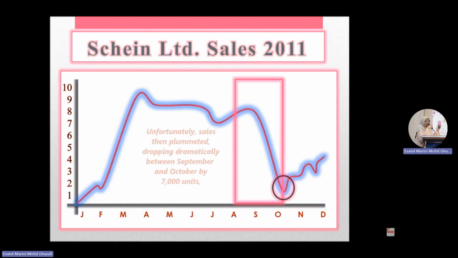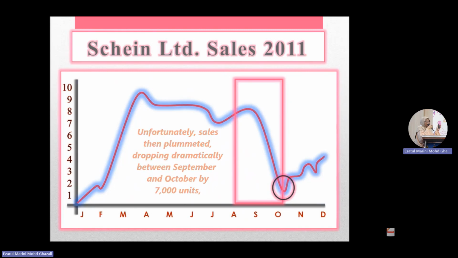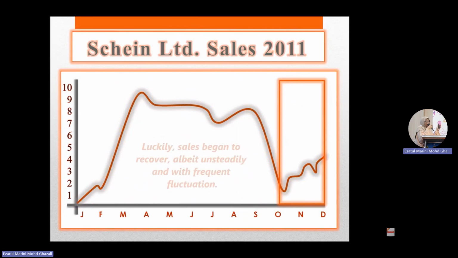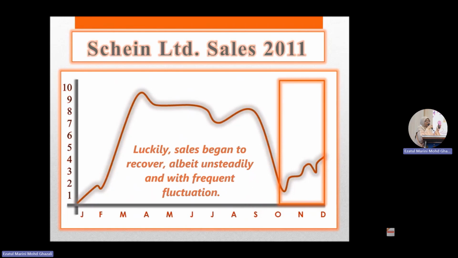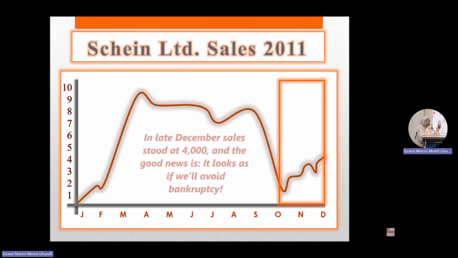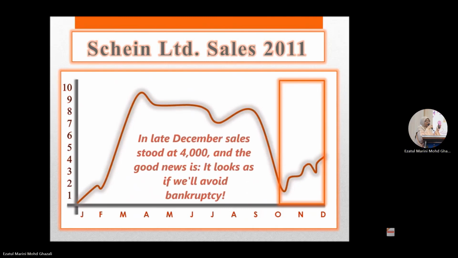Unfortunately, sales then plummeted, dropping dramatically between September and October by 7,000 units, bottoming out and hitting a year low of 1,000. Luckily, sales began to recover, albeit unsteadily and with frequent fluctuation. But in late December, sales stood at 4,000, and the good news is it looks as if we'll avoid bankruptcy.